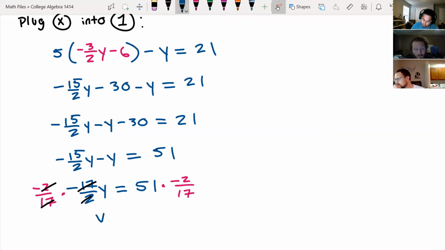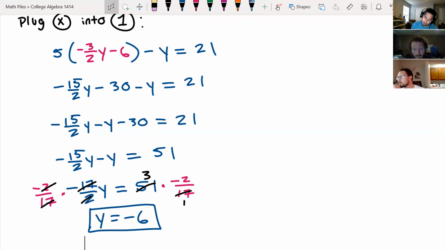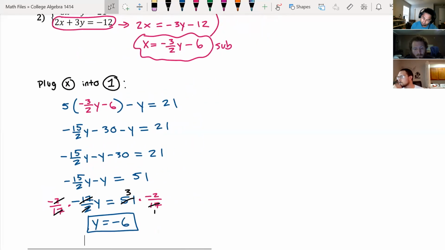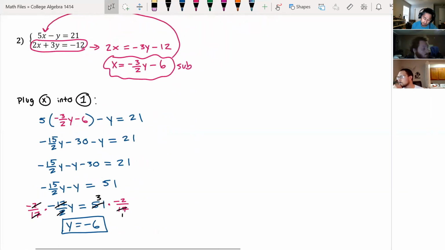You're left with y equals 51 times negative 2 over 17. Well, 17 goes into 51 3 times, and y is just going to be negative 6. So there we go, we found y.